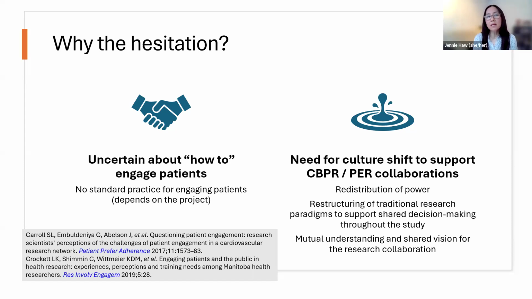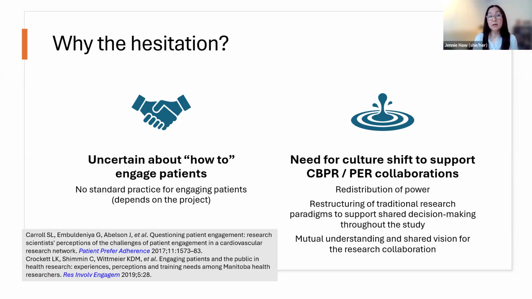And then the second theme, the challenge of needing a culture shift to support CBPR or patient-engaged research collaborations. So this is about redistribution of power. In the traditional model of research, the researcher kind of holds all the power, makes all the decisions. With CBPR, it's about sharing that power with community members, restructuring traditional research paradigms to support shared decision-making throughout the study, and mutual understanding and a shared vision for the research collaboration.